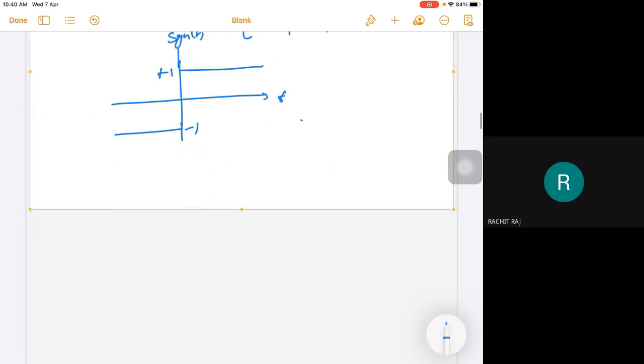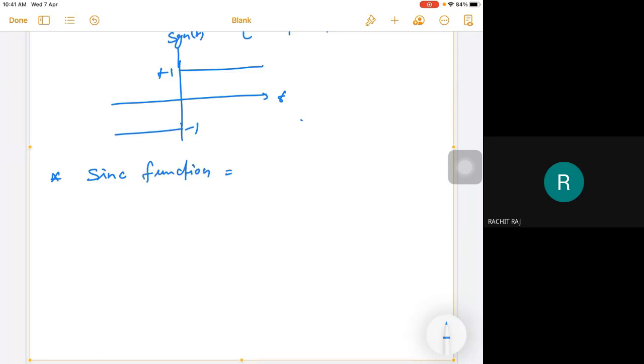Okay. Next one is also a very important function. In the coming semester you will read about this in TSP, digital communication, and analog communication. You will see this type of function. So the next one is the sinc function.